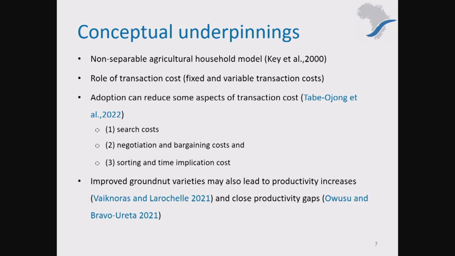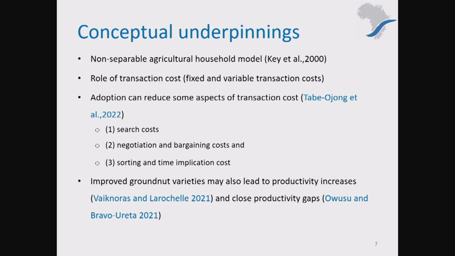But in taking these products to the market, households face a lot of transaction costs, bad roads, but also different aspects of middlemen. And we see that these improved varieties really reduce some aspects of transaction costs, that is search costs, because the quality of these improved varieties are high. Traders come directly to the farmers, but also farmers don't face a lot of this negotiation and bargaining cost. It's kind of less, and also their sorting and time implications are really small.